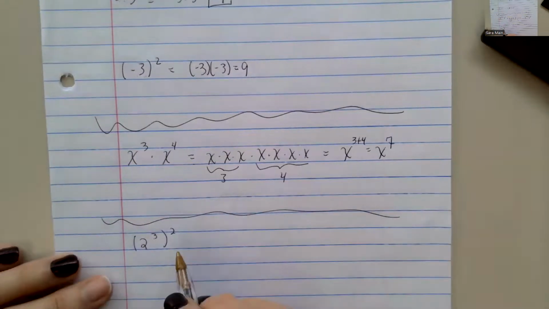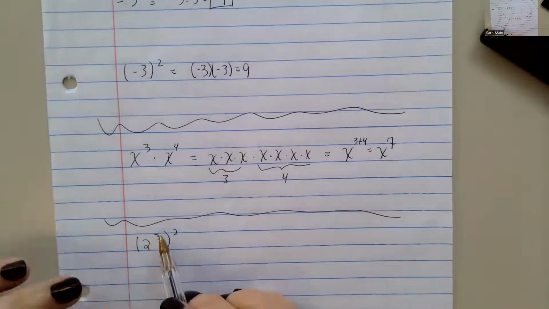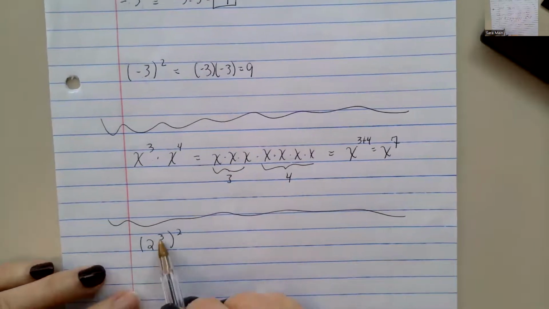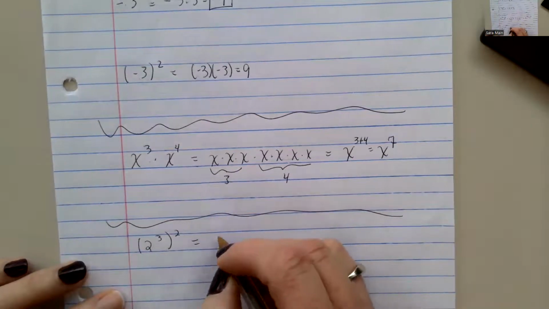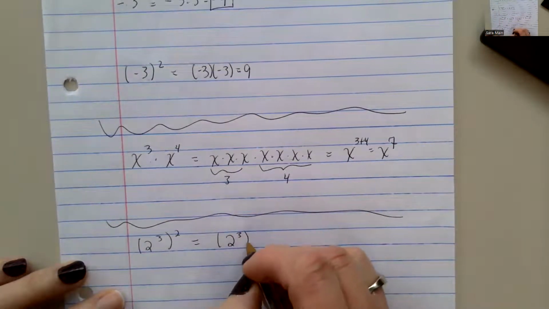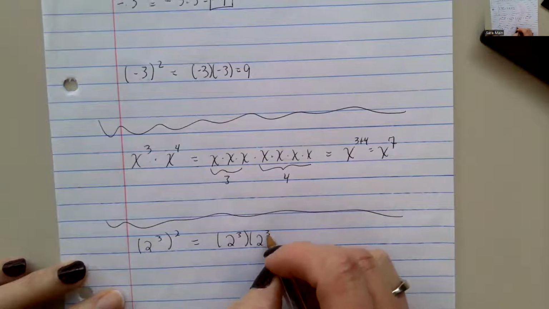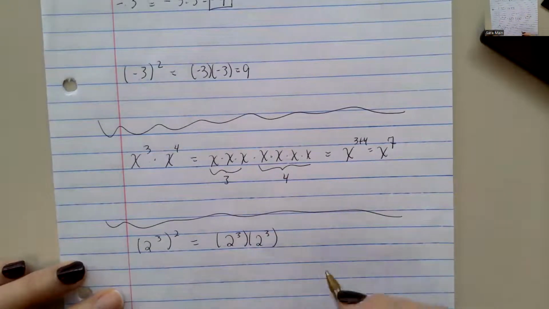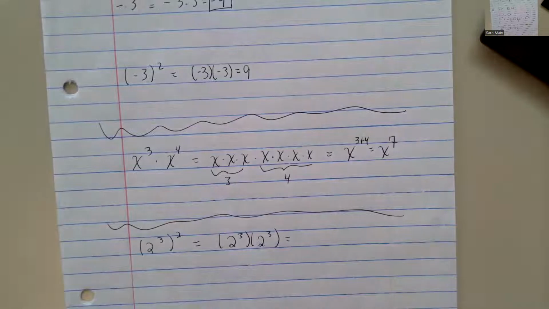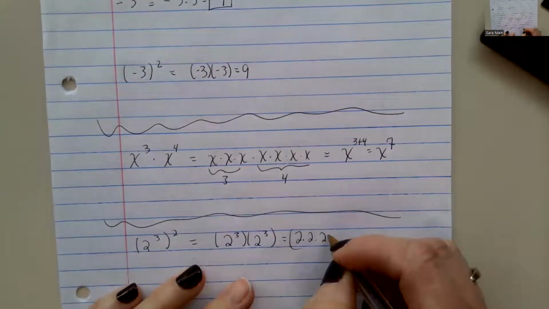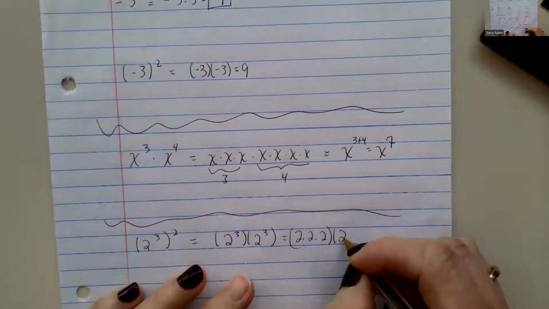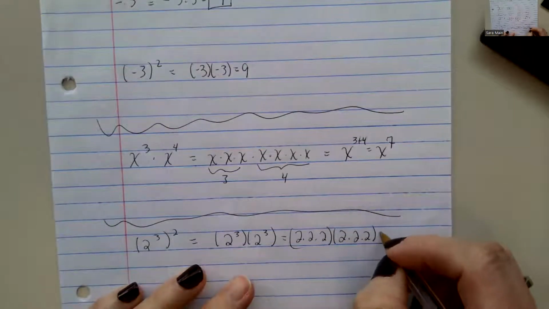Okay, now we have something called exponents to a power. So this is 2 to the third to the power of 2. So what this 2 really means is I have 2 of these 2 to the third. And then we all know that 2 to the third is really 2 times 2 times 2. And then the second one is 2 times 2 times 2.